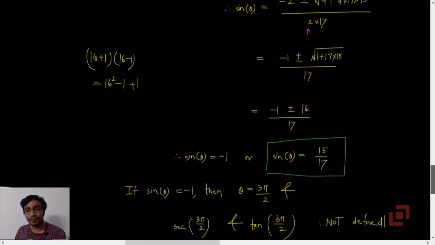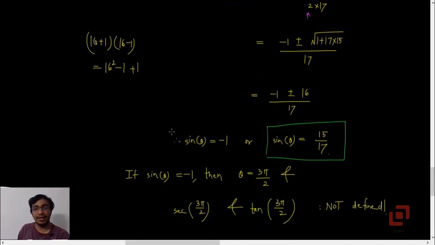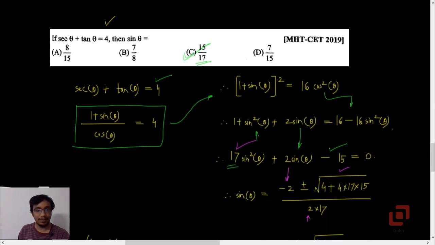Now, can we consider sin theta to be minus 1, even if it were in the options? Let's say the options had been minus 1, 15 upon 17, both or none. So will you mark both of them? No, because look at sec theta plus tan theta.